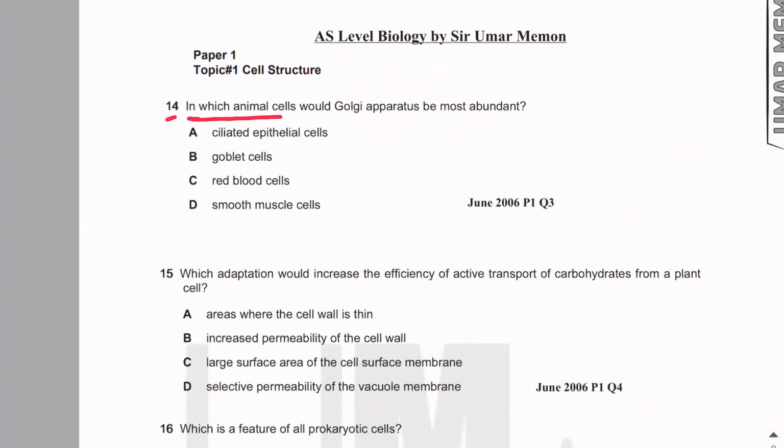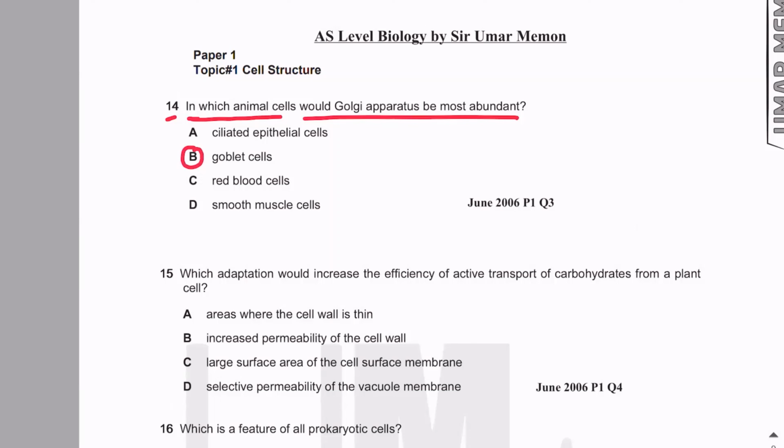Okay. Right. Let's move on to MCQ number 14. In which animal cells would Golgi apparatus be most abundant? So I told you that the cells which are synthesizing and packaging proteins, or we can say the cells which are secretory cells, which are secreting proteins or glycoproteins, they will contain abundant or a lot of Golgi apparatus. So what do you think should be the answer? The goblet cells are secreting mucus, which contains what?